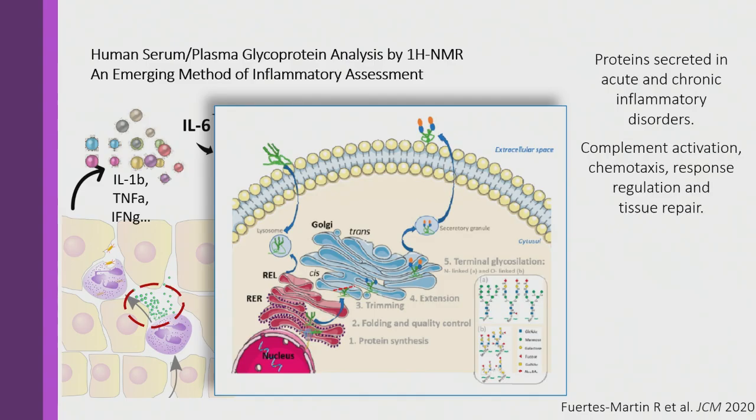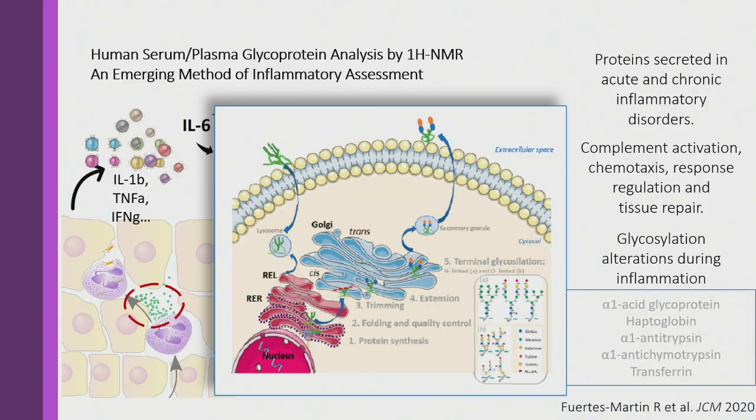They are activated according to the complement activation, chemotaxis, or even as a response, regulation and tissue repair. And they are increased during inflammatory processes. The main proteins that are elevated during inflammatory stages are 5 specific plasmatic proteins, all of which are increased in inflammatory processes. So we can also profile lipoproteins and glycoproteins together from the same sample.